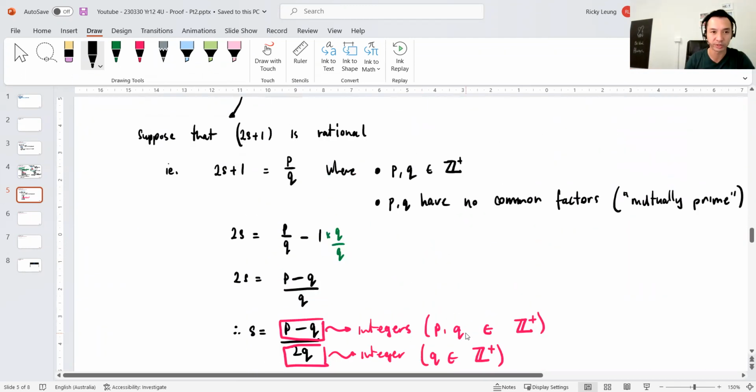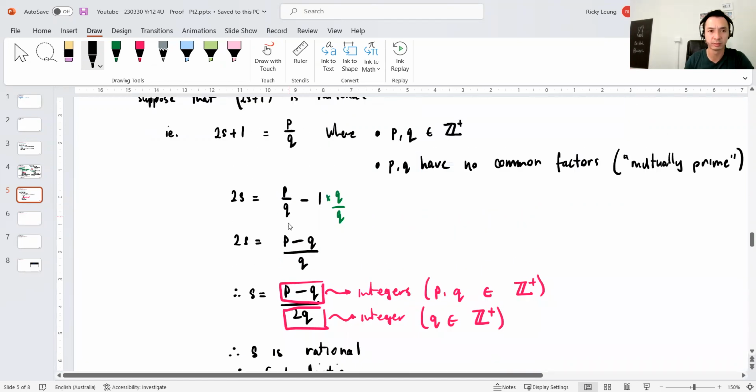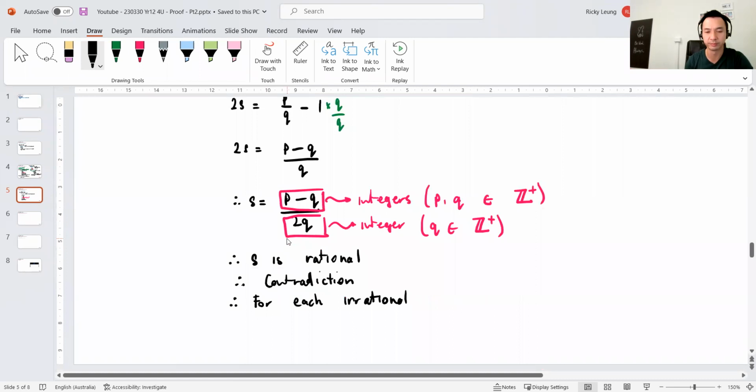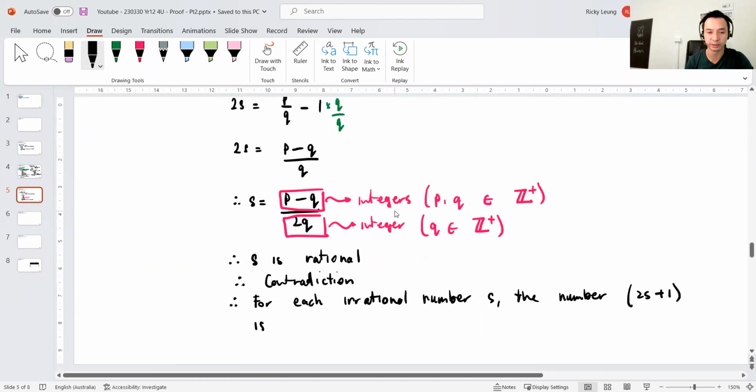Therefore, repeat the question: for each irrational number S, the number 2S plus 1 is also irrational.